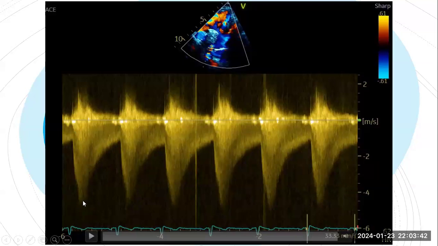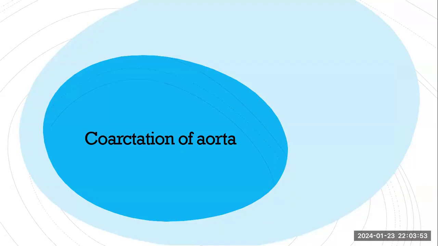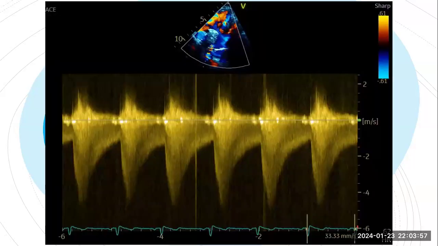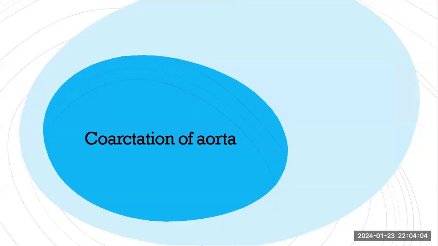So this is what we call the diastolic tail. Okay? This is very characteristic of coarctation of the aorta. Excellent. Of course, this is the diagnosis. Definitely he will bring something else to comment about the other findings, but I brought this just to be familiar with how the Doppler looks in coarctation of the aorta.